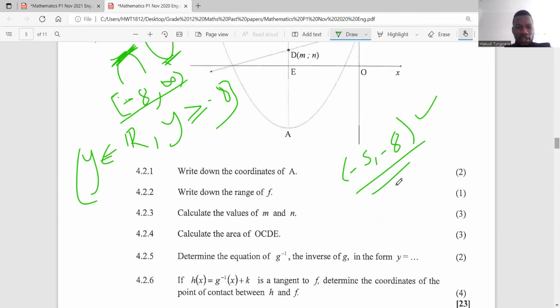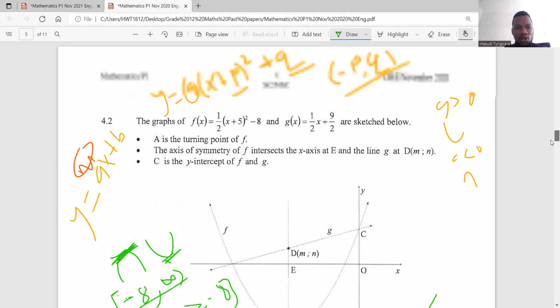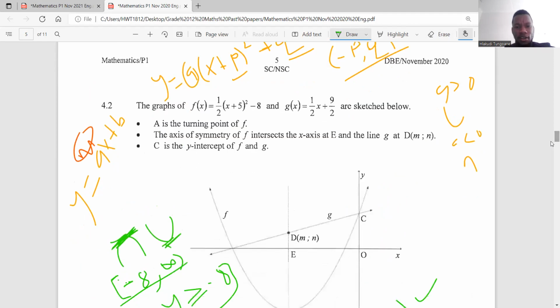Okay, so then the second part is they ask us to calculate the values of m and n. What are m and n? So m and n are the coordinates of point D, and D is sitting on the line g of x.